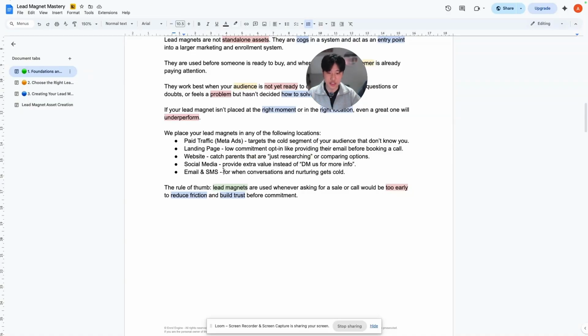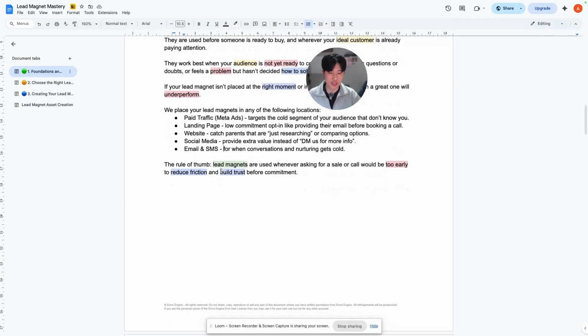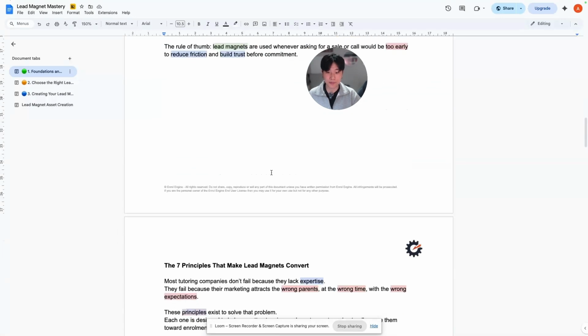It's for when conversations and nurturing get cold. You can revitalize the conversation and you can use a lead magnet to spark and really get them to take action. The rule of thumb is lead magnets are used whenever asking for a sale or for a call would be a little bit too early, and to reduce friction and build trust before asking for their commitment.